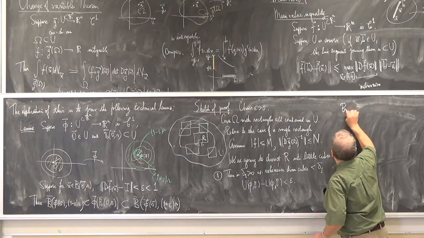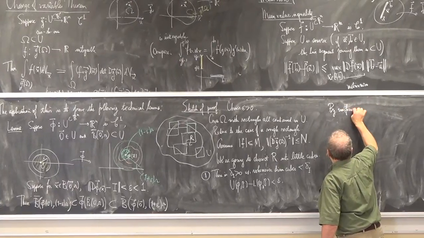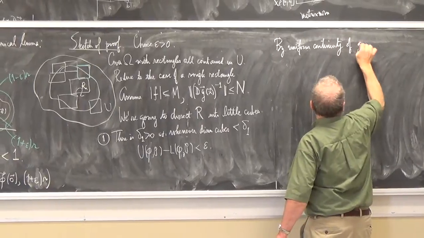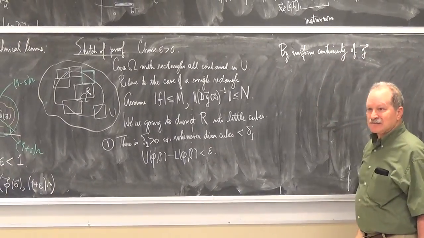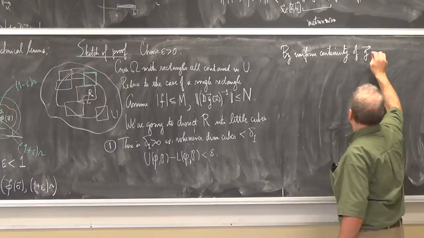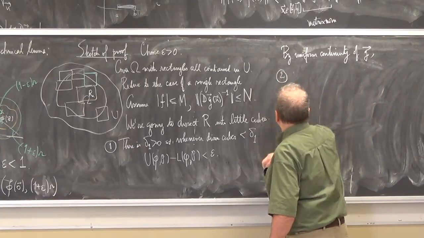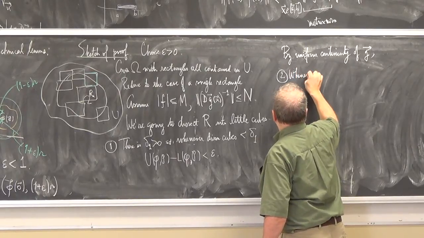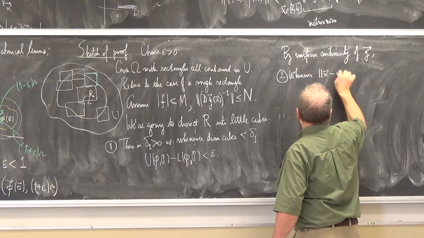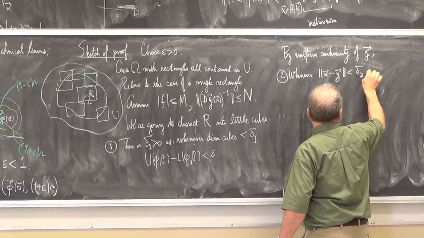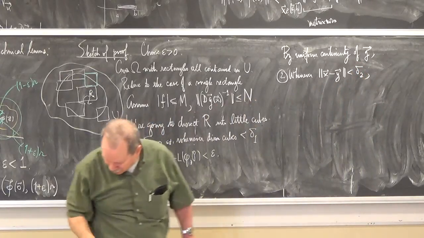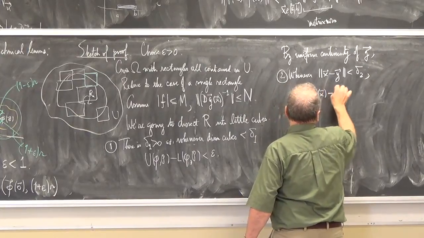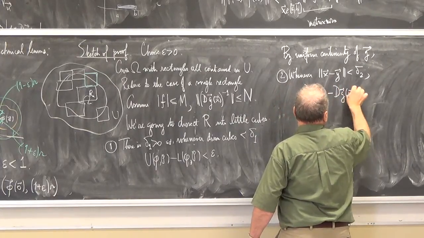By uniform continuity of G, we have whenever x and y are less than some number delta 2 apart, the norm of the derivative of G at x minus the derivative of G at y.